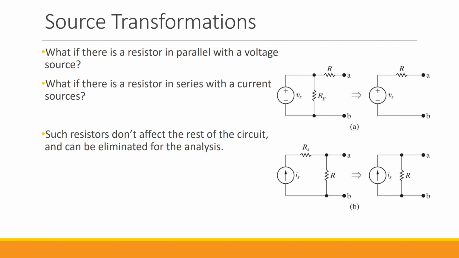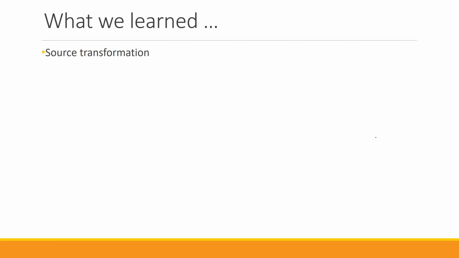Or if you want to know the exact voltage across this Is, you need to have this RS. Otherwise, the values are not correct. But in terms of what the rest of the circuit is seeing, having RS in series with an independent current source, or having RP in parallel with an independent voltage source, they don't have any effect on what the rest of the circuit is seeing. So always keep that in mind.